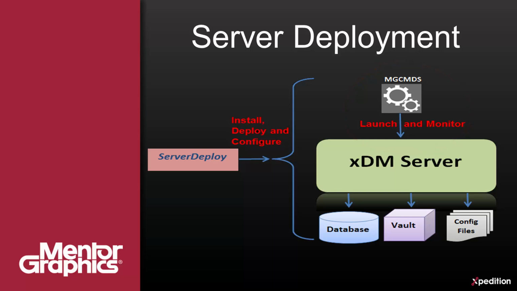Although MGC MDS is installed as root, and also runs as root, or local system admin on Windows, the derived processes that it will launch are recommended to run with a different user, for example, MGC server user.